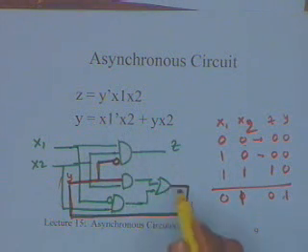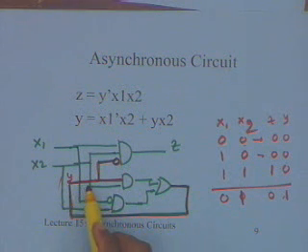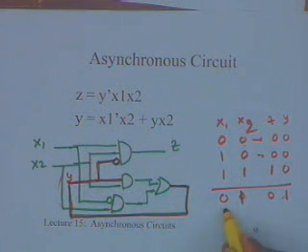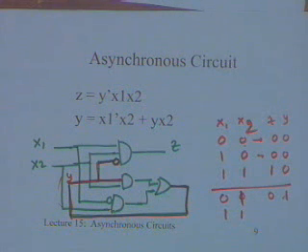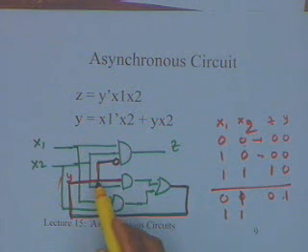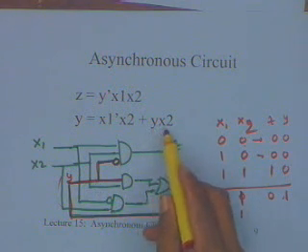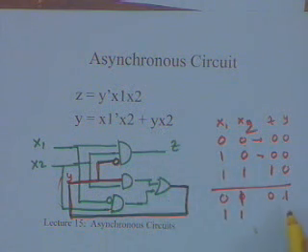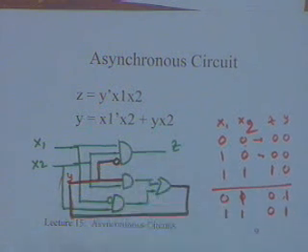And this feedback Y, when I become 1, 1, when I pass through this particular path, this 1 and x2 1 is going to keep my Y to be 1, and my output is going to be 0 because Y being 1 means the output is going to be 0.